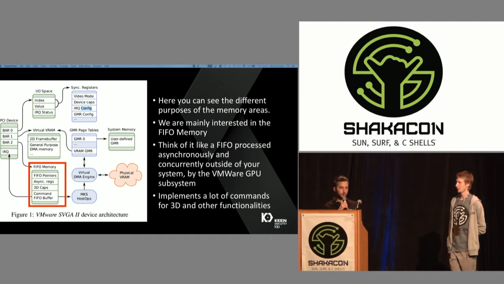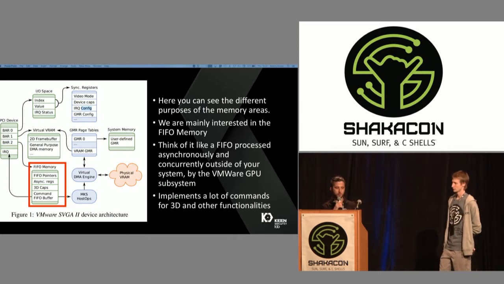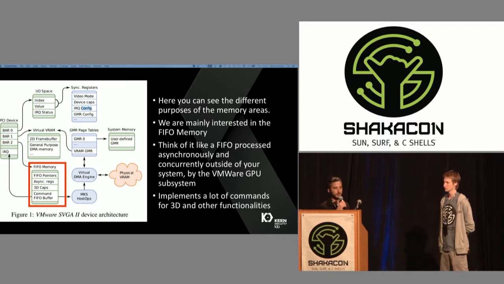And this one is more interesting because in this queue you will write the commands that you want your GPU to process. And we are mainly interested in this first in, first out memory because it's more complex and more error prone.